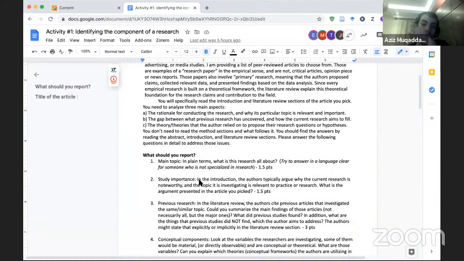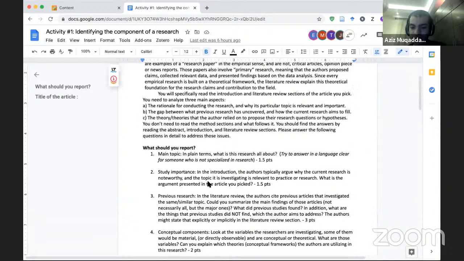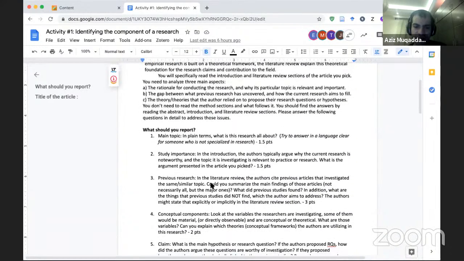Sometimes you would find that stated explicitly: we're investigating this topic because, or this topic is worthy of attention because, or our observation of blah blah blah led us to think about the importance of blah blah blah. So if not explicitly, then implicitly, in the first or second paragraph of the introduction, they will demonstrate why this research is important. So those first 2 questions are easy, I would say.